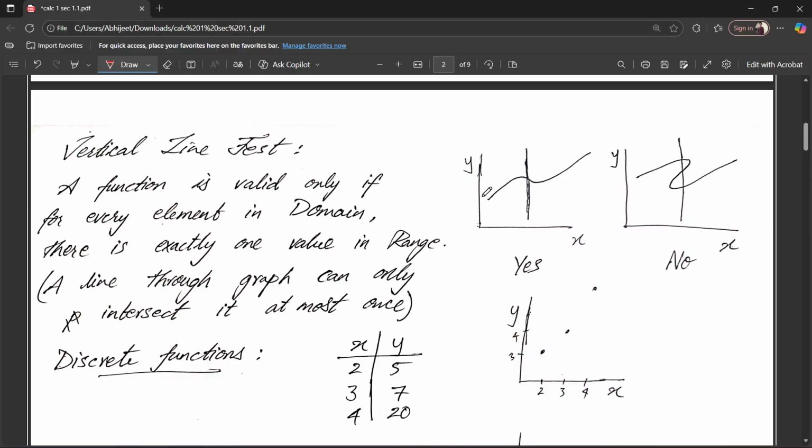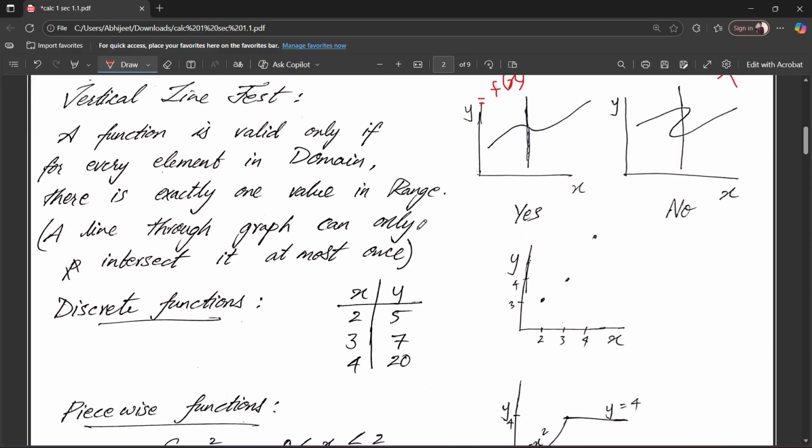When we draw this as a graph, with y being f of x, the vertical line test says that if you draw a vertical line perpendicular to the x-axis and parallel to the y-axis anywhere in the graph, it must cut the function at only one point, or at most one. It cannot cut the function at 2, 3, or more points. So this cannot be a function. That can be a function.